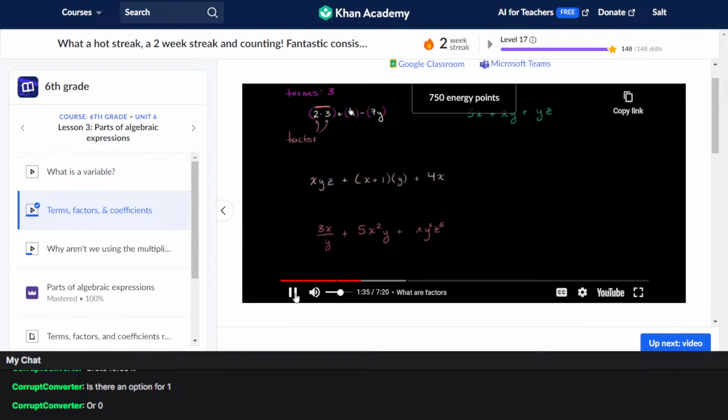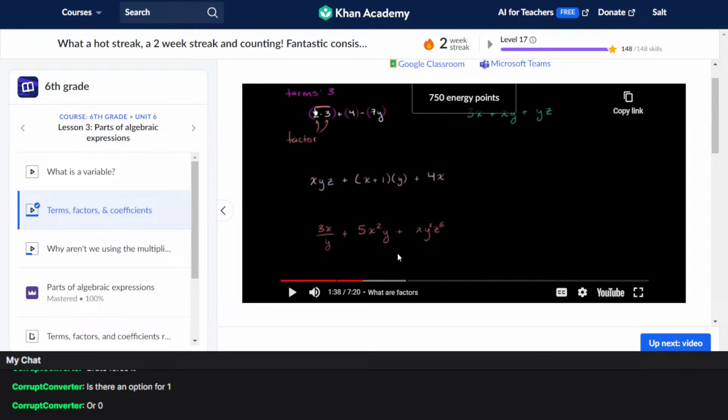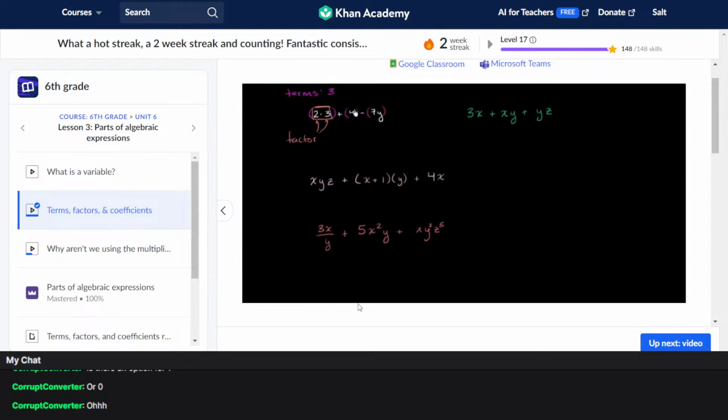Corrupt Converter says what about the second term? Superbrain says is there an option for the second one? No, there's not even an option for that. The second term here has only 1 factor, just the 4. It's not being multiplied by anything.